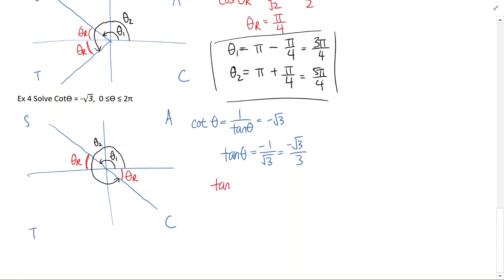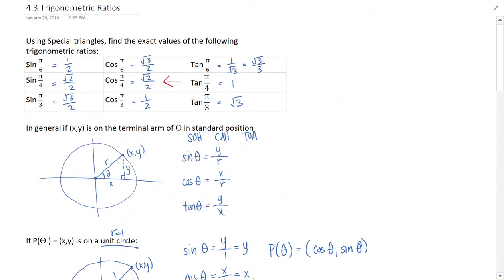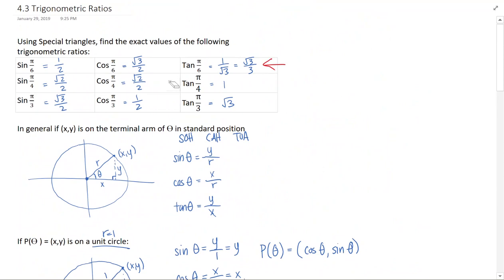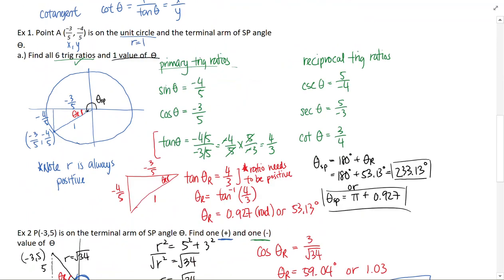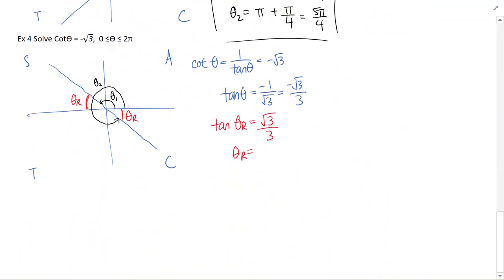So we know it's tan theta. Our reference angle is going to be equivalent to the ratio, but in the positive form. Now, we can go and check our table. We're looking at tan of some angle is root 3 over 3. Scroll up. And we see, this is the one. I'm going to erase the last one. We're looking at tan pi over 6, so we know our reference angle is pi over 6.